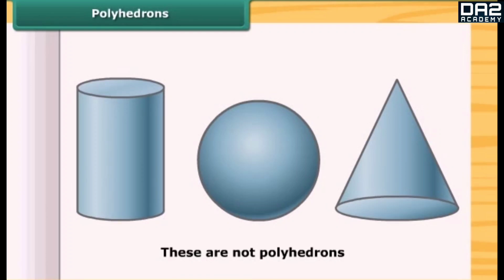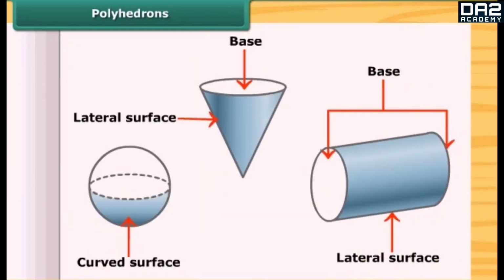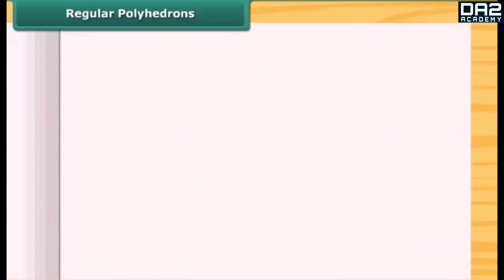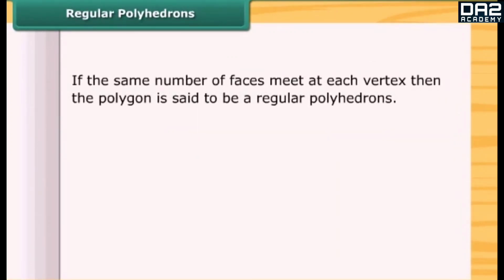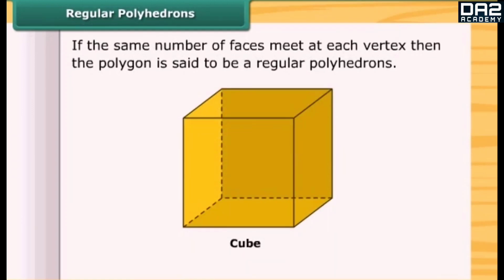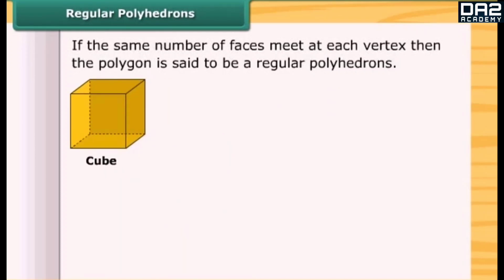These are not polyhedrons because they do not have flat faces. If the same number of faces meet at each vertex, then the polyhedron is said to be a regular polyhedron. A cube is a regular polyhedron because here 3 faces meet at each vertex.